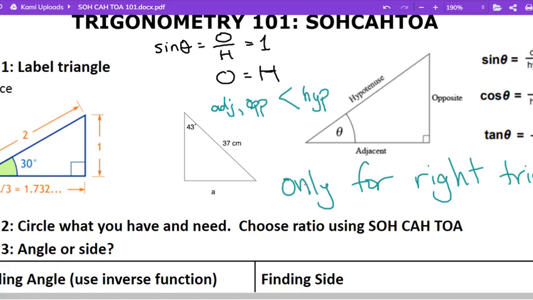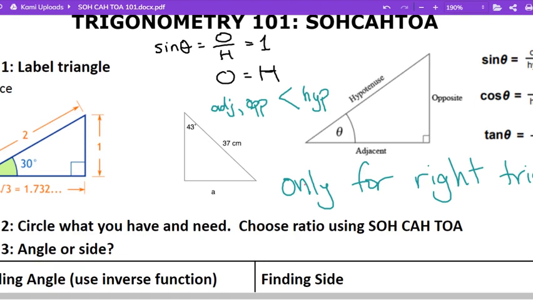So the actual length of the sides doesn't matter when we're trying to find the angle. What matters is the ratio. It's the comparison. You can have a ginormous triangle or a tiny triangle, still have 45 degrees, and all that matters is when you divide the two sides, when you're comparing them. Does that kind of make sense?